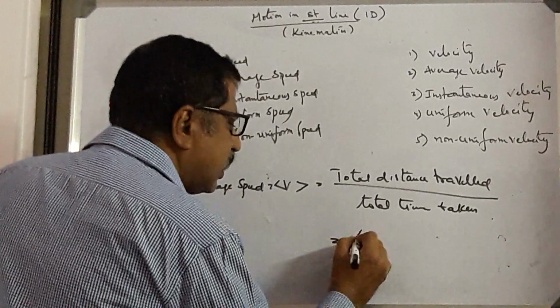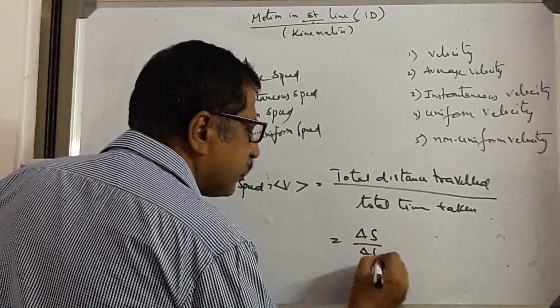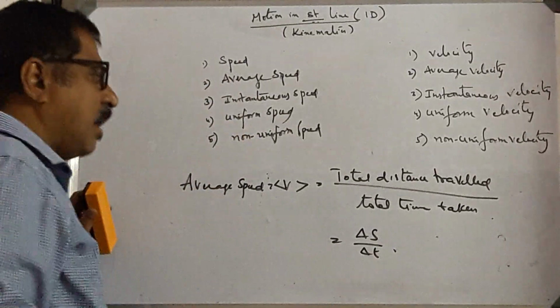That means delta S by delta T. This is the average speed of a body.